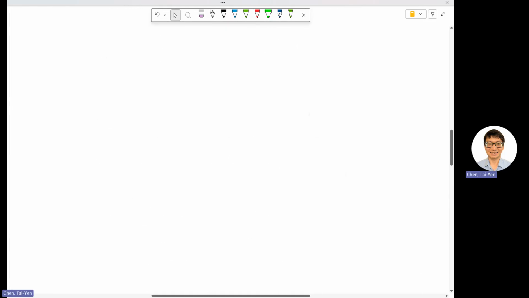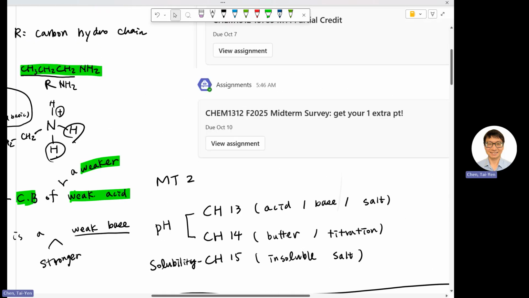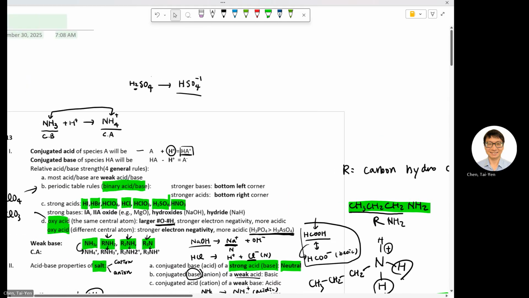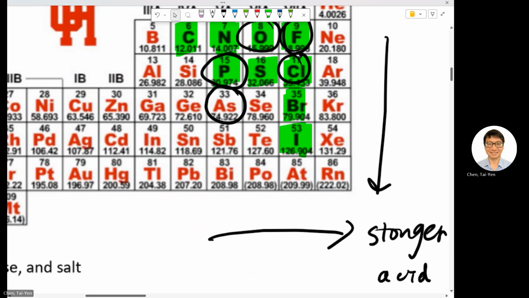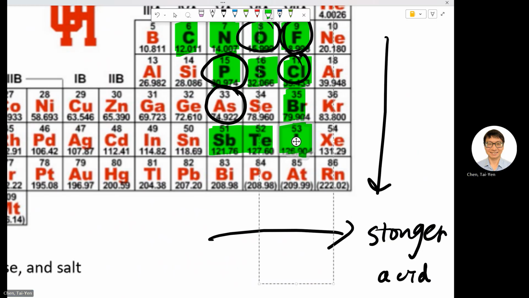So the best way to do that is to go back to your periodic table. What are the two atoms we're talking about? So Sb and Te, right? These are the two.